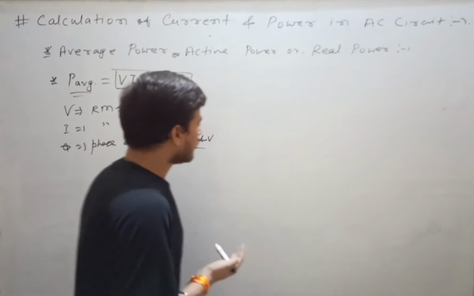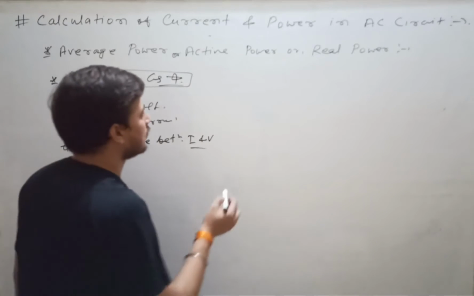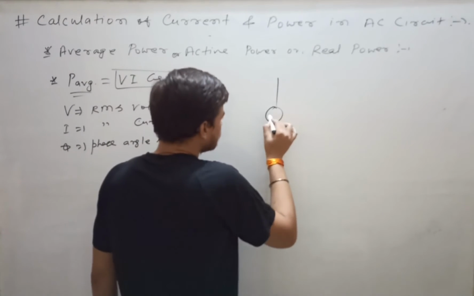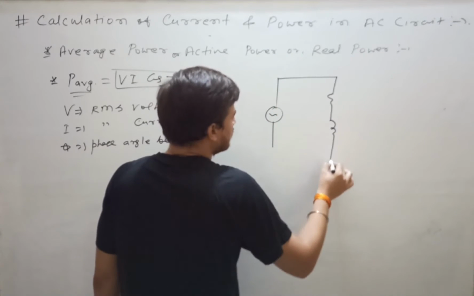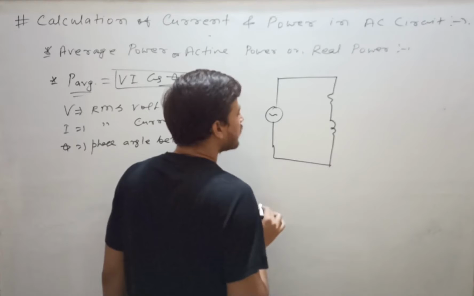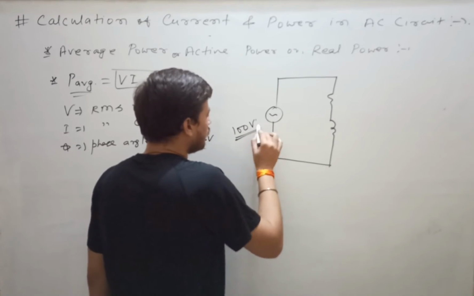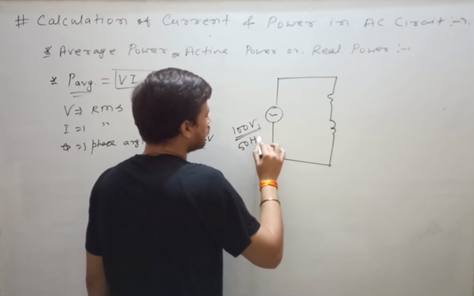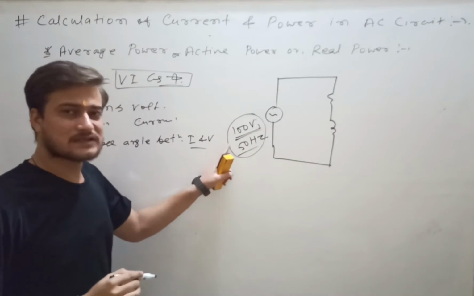Next, there is another formula for calculating average power. Suppose a circuit is given to you, a combination of resistor and inductor, with a 100 volt 50 hertz supply. 100 volt means they are giving you the RMS value.